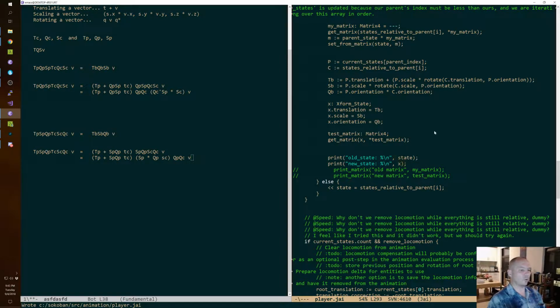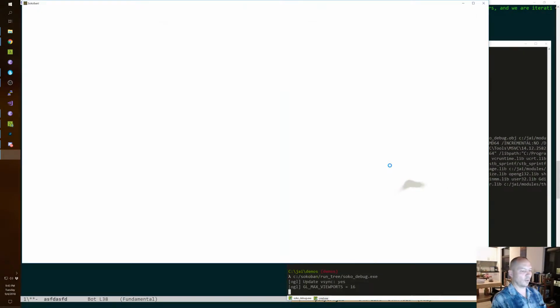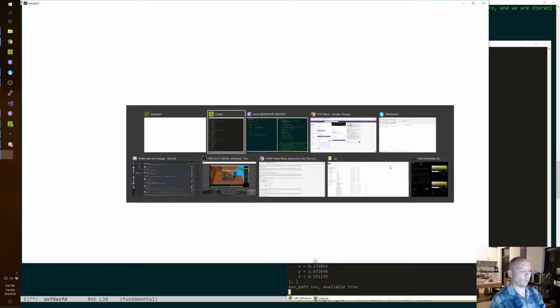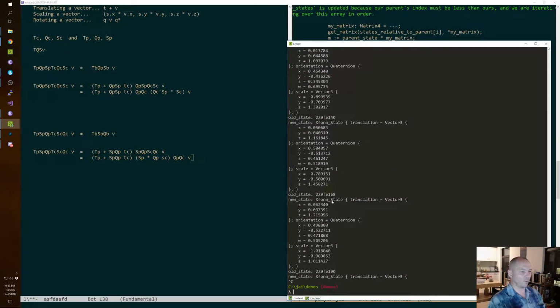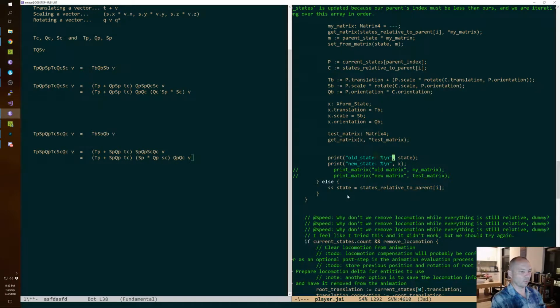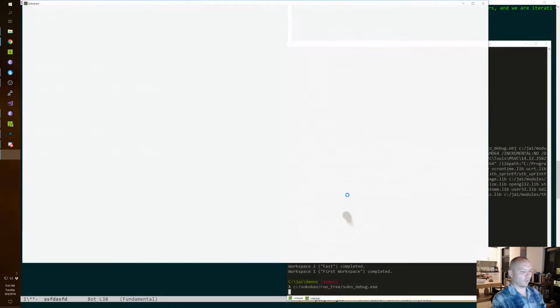This is going to be a little harder to read because it's printing the native data structures, which is going to spam us. But, oh wait, old state, we need to dereference. We might make a print xform state if that'll help us.